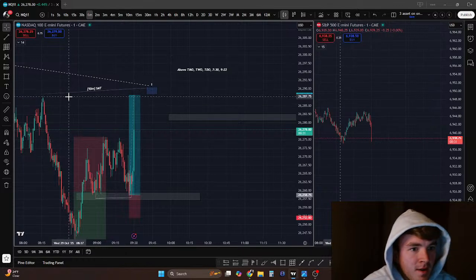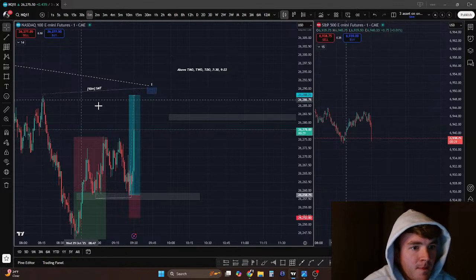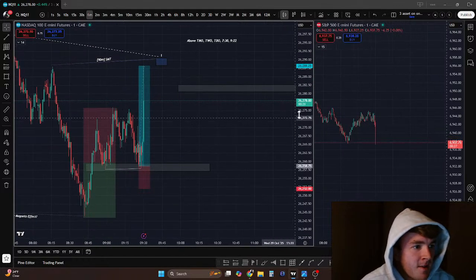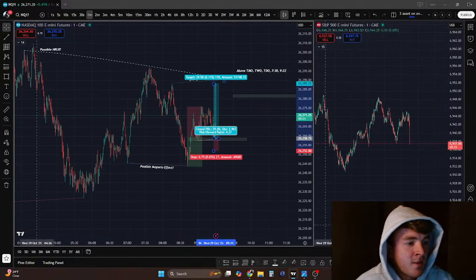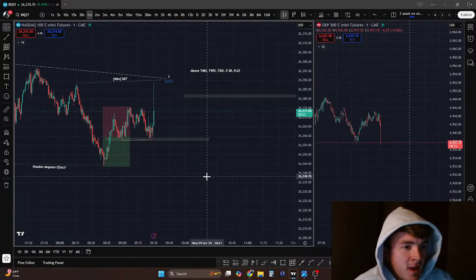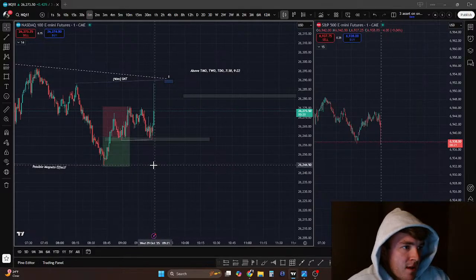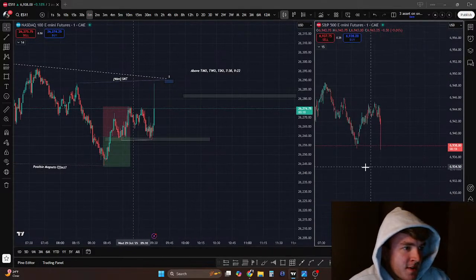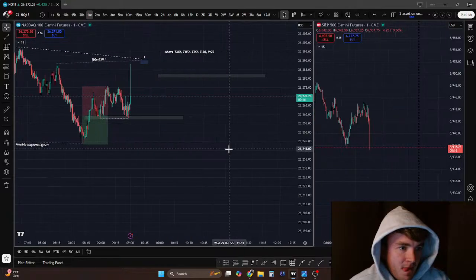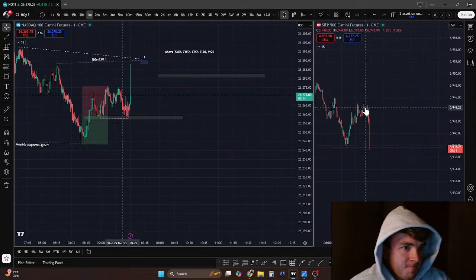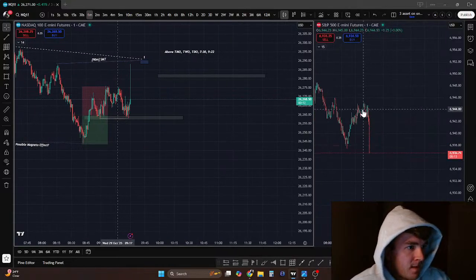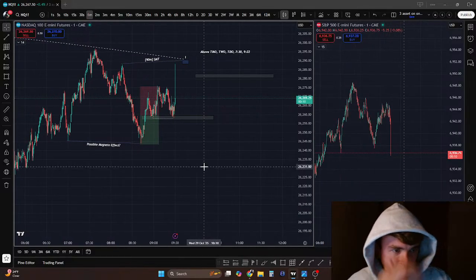Did we induce that high? So this is why I didn't take it, because I was waiting for market open. Okay. And what is going on with S&P right now? Snowman's bullish.